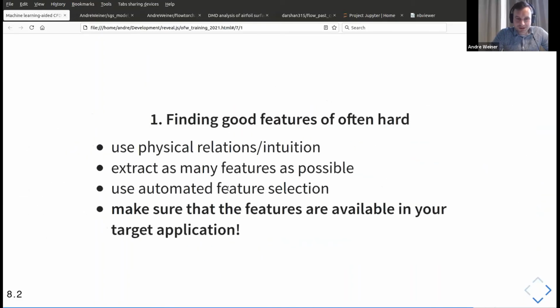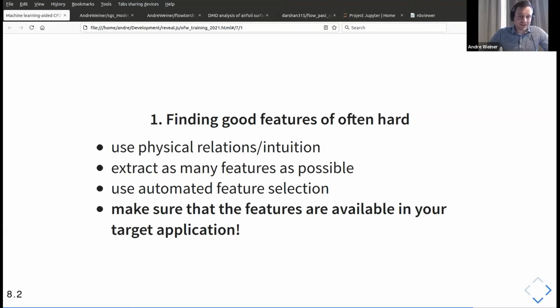First of all, for many applications, it's tricky to find good features that allow you to create effective models. What I can recommend is to use as much as possible the physical relationships that are available for your problem domain.